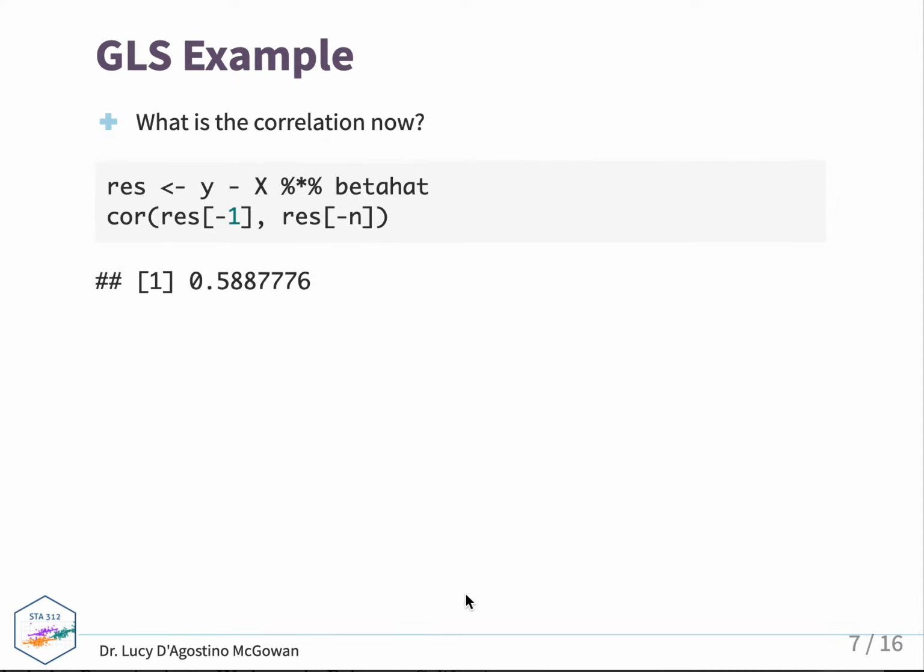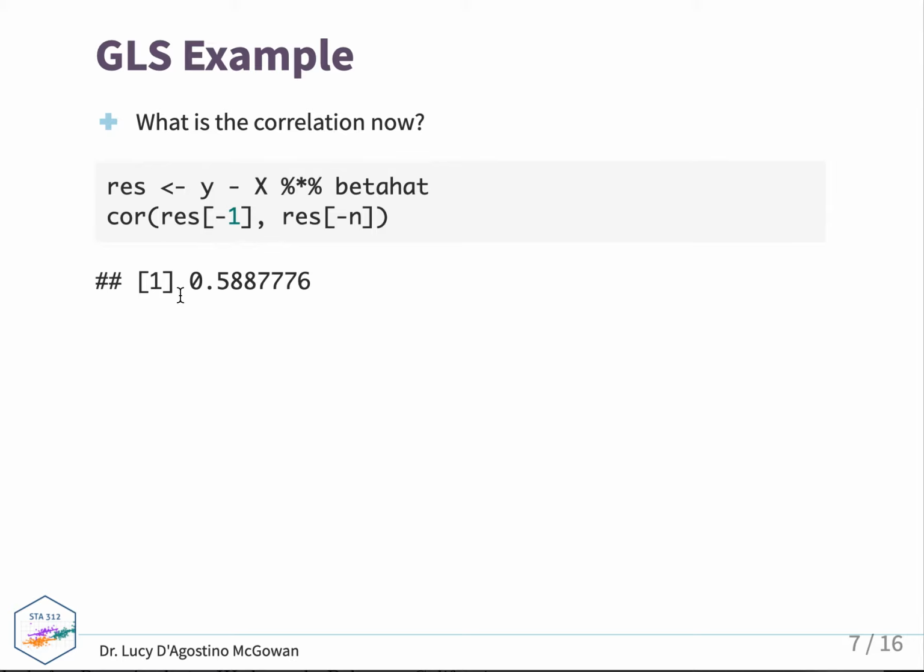And so we can check what the correlation is now. We can look at the residuals by calculating y minus X beta hat for this model. And I can look at the correlation between the residuals if I lag them. So I've basically taken off the first residual and then taken off the last residual to look at the correlation between the ith residual and the ith plus 1 residual.